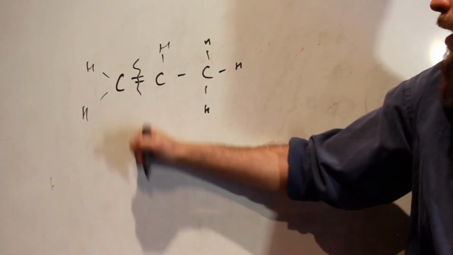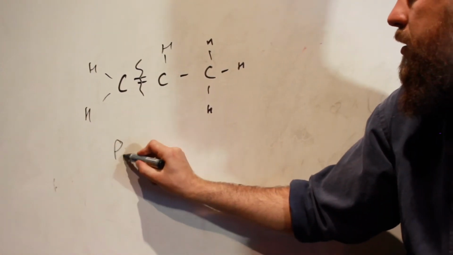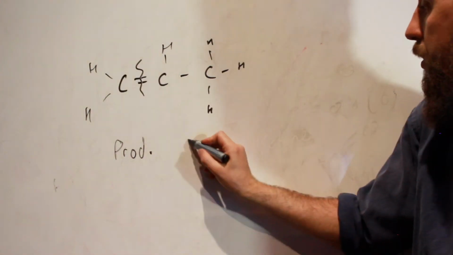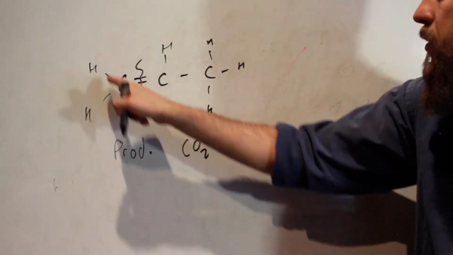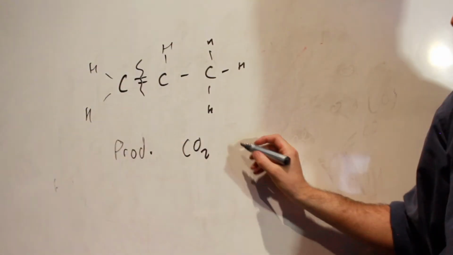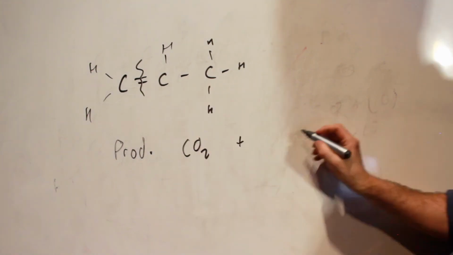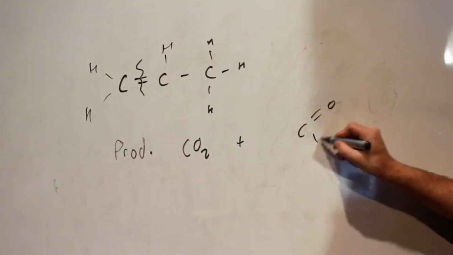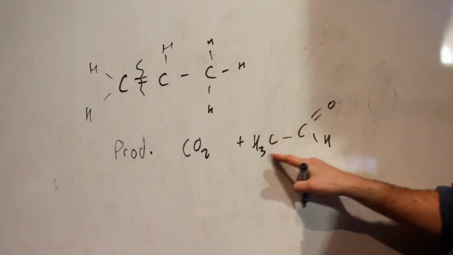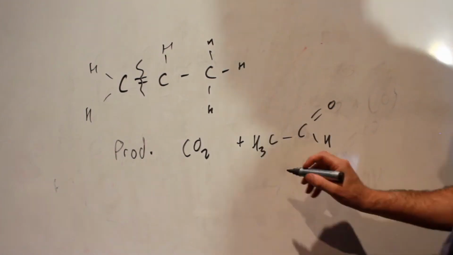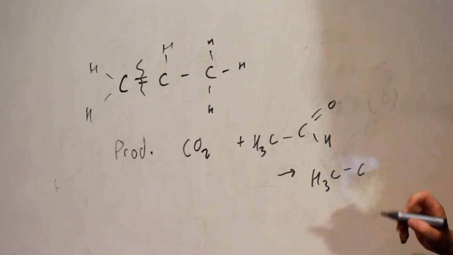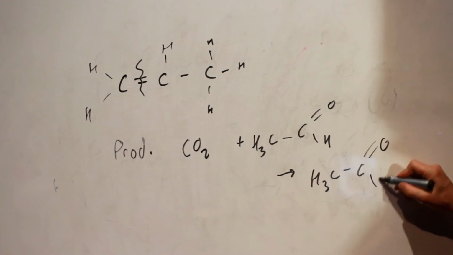In fact, I won't even do a reaction arrow, let's just go products. So CO2 from the one with no carbons attached to it, and then we form first the aldehyde, that would look like this. So ethanal, and then that could be further oxidized into ethanoic acid. So if you put ethanoic acid there, all good as well.